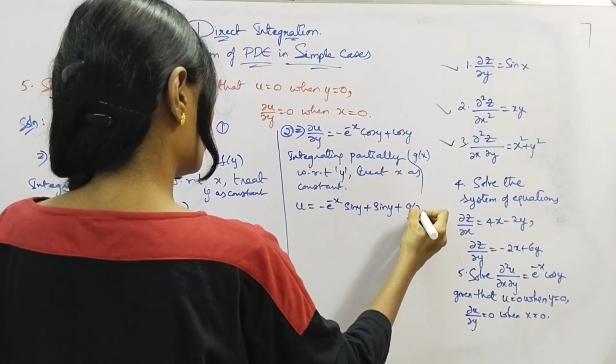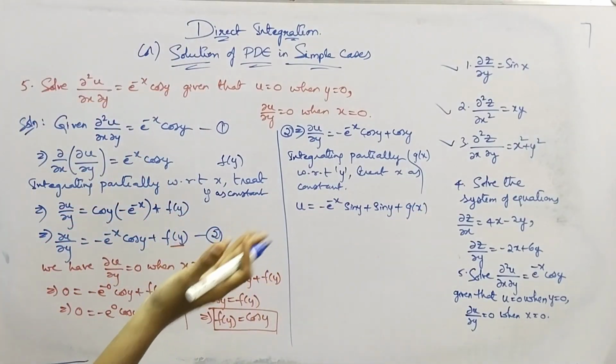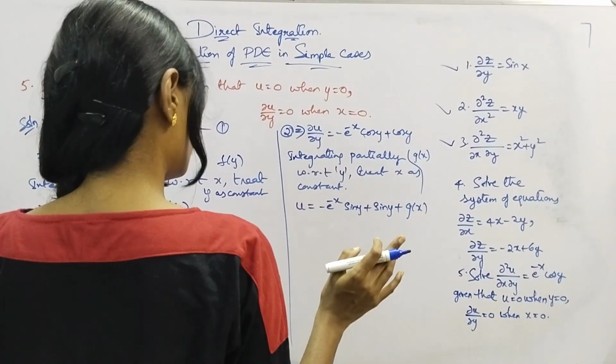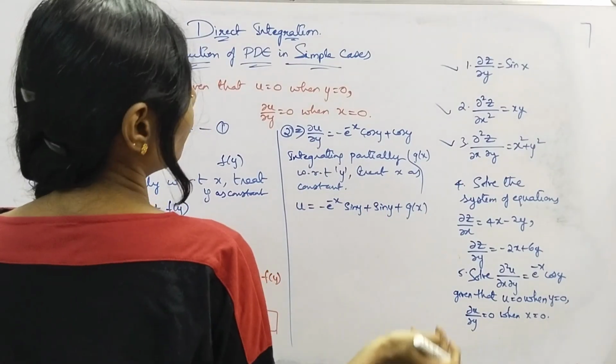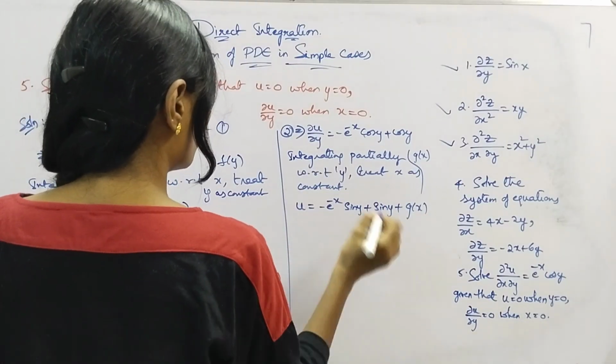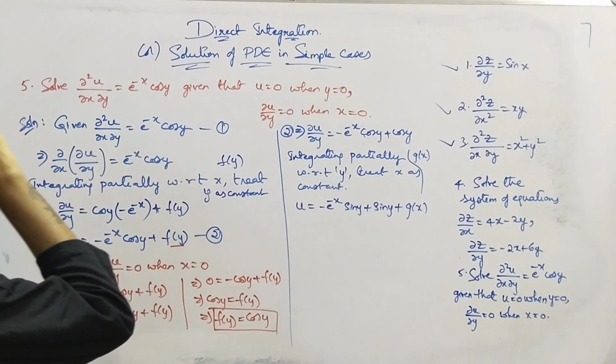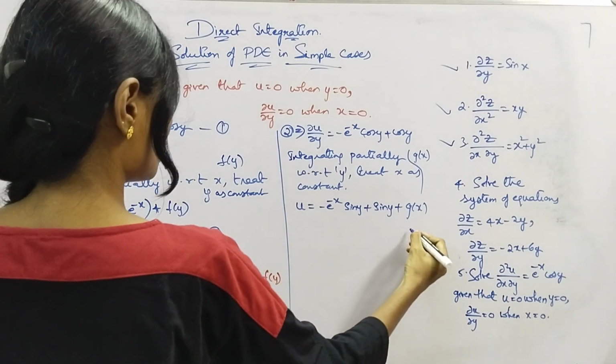Already we have used f of y, so let's use g of x here, or you can write h of x, whatever. So you got u equal to minus e power minus x sin y plus sin y plus g of x. Consider this as equation number 3.